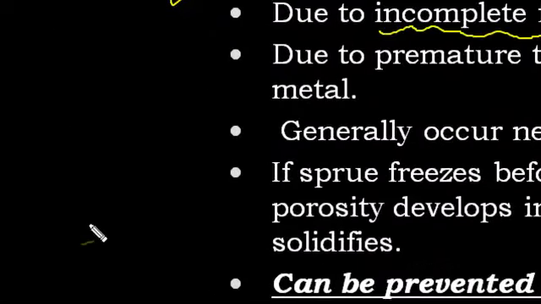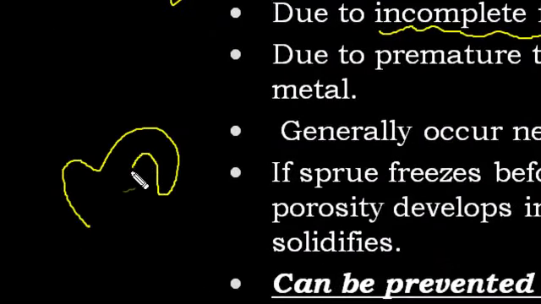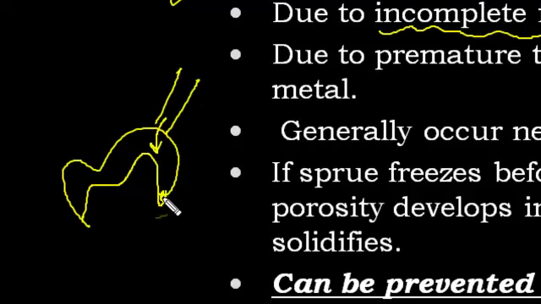These porosities result due to incomplete feeding of the molten metal. So what happens here? We have our casting and our molten metal is flowing into our casting through a sprue. Once the molten metal comes inside the mold cavity, it solidifies. While it is solidifying, it shrinks.